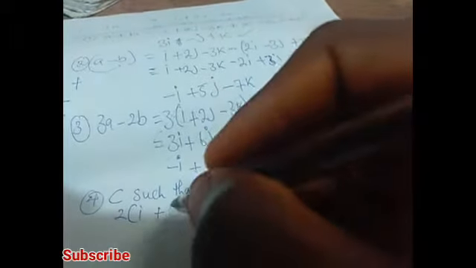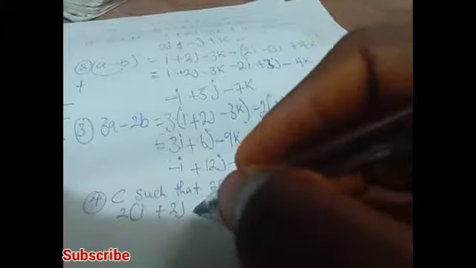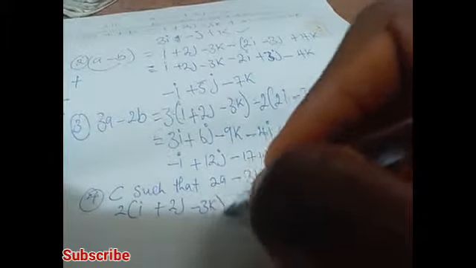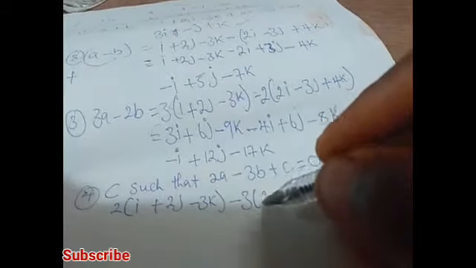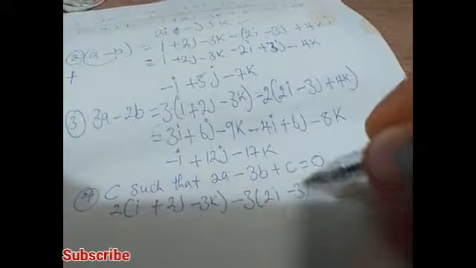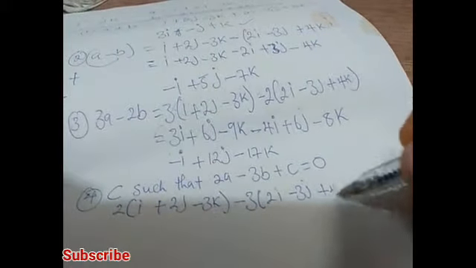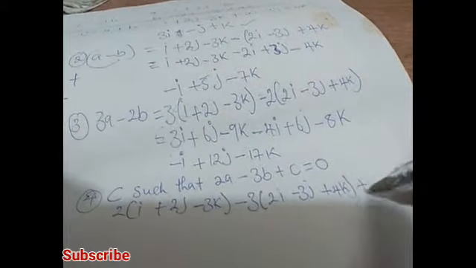When it goes to 0, it's going to be minus 2A plus 3B. So 2A, let's get it out. So we say 2 bracket A, which is I plus 2J minus 3K, minus 3 open bracket 2I minus 3J plus 4K, plus C equals 0.